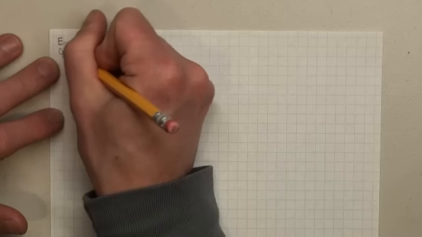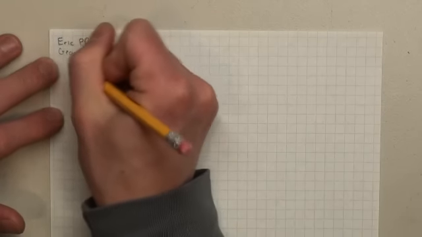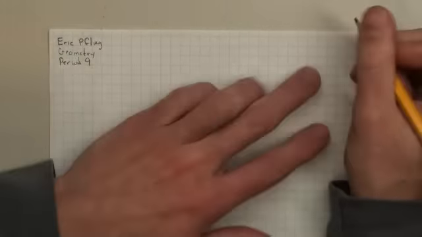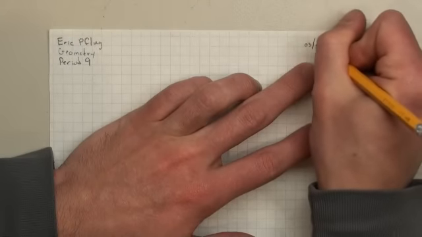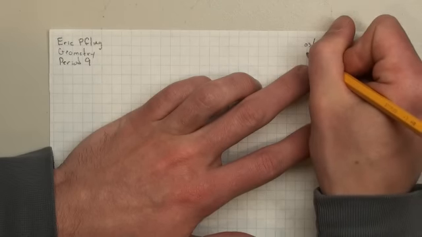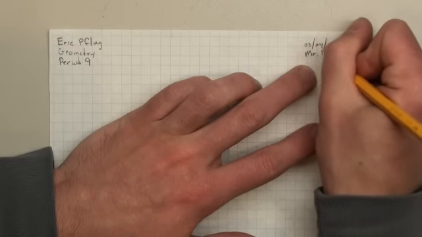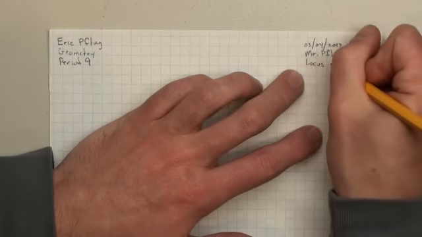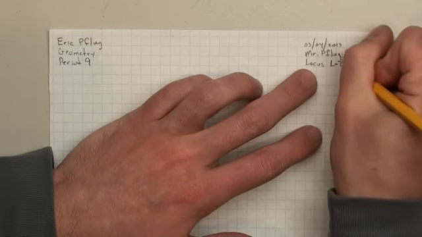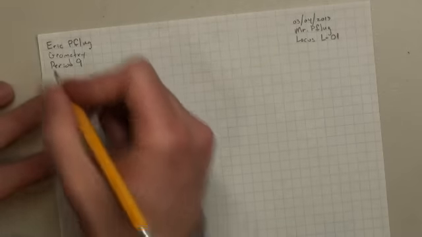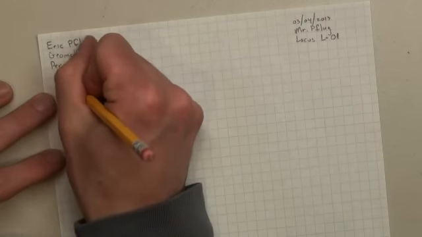Let's put class, period 9, date, my name, and then what we're doing, locus, and we're doing lesson L01. So let's call this checkpoint CP1.